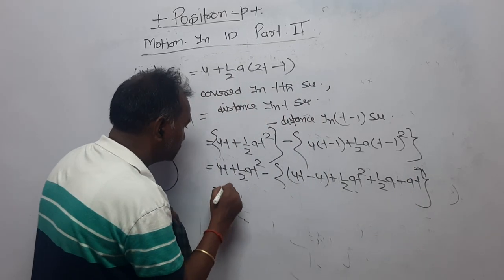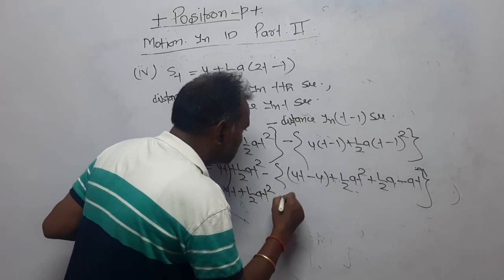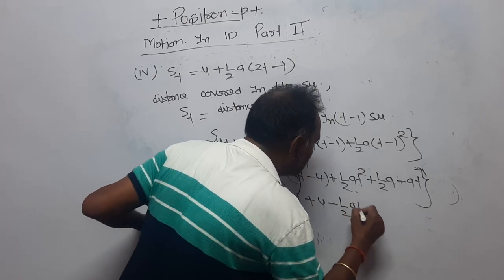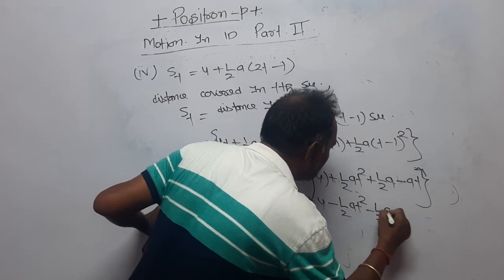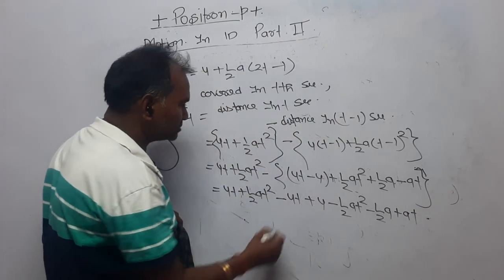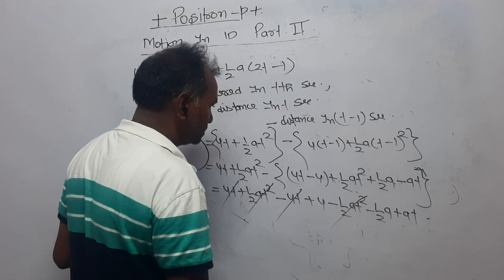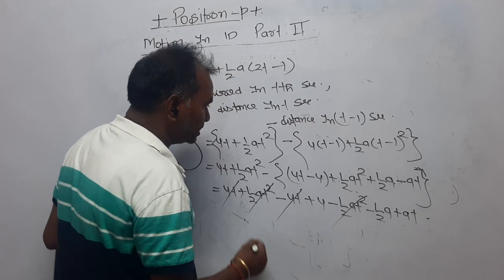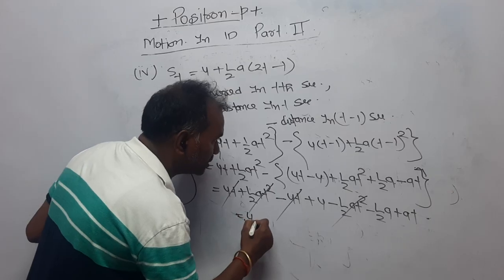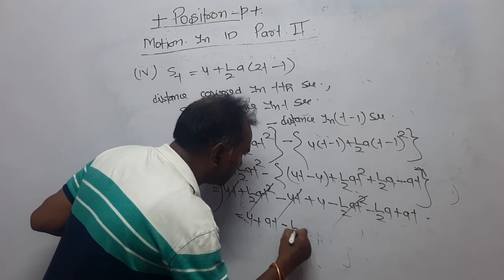Now open: ut plus half a t square minus ut plus u minus half a t square minus half a plus at. Now look here, dear student, ut will be cancelled, half a t square will be cancelled, right? So you are left with u plus at minus half a.